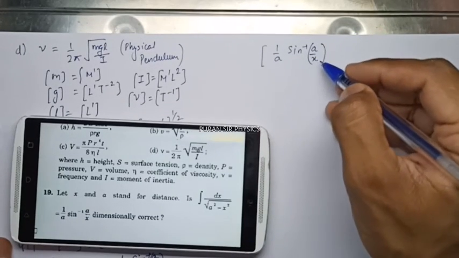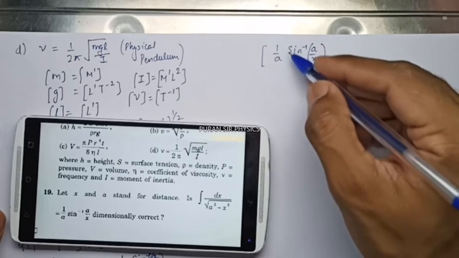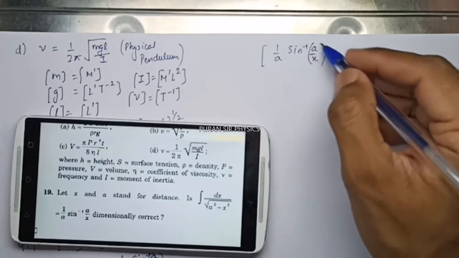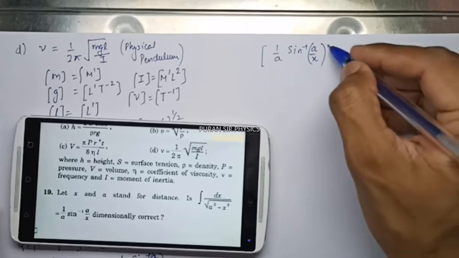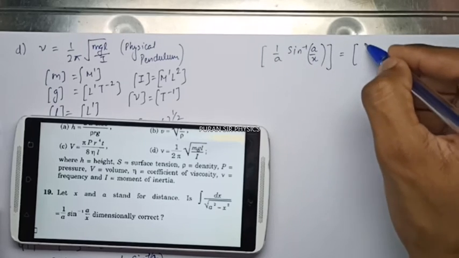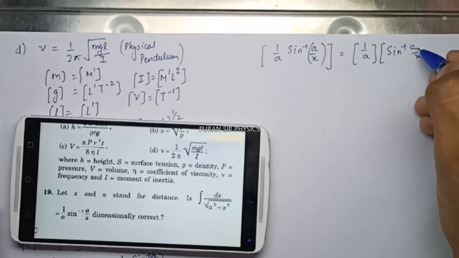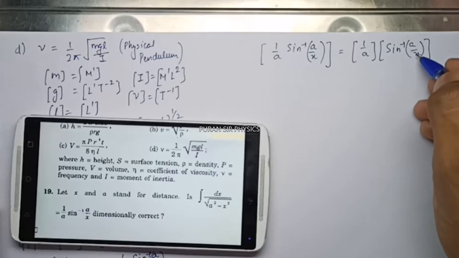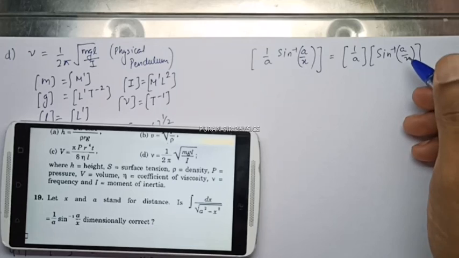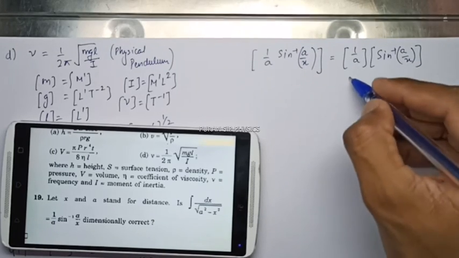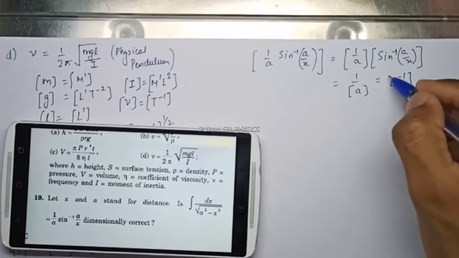Okay, since a by x, this thing is your angle in radian, so the angle is a dimensionless quantity, so we can say it will be the dimension of 1 by a into dimension of sine inverse a by x. Okay, a by x is dimensionless, this entire thing is dimensionless because it is an angle and the angle is dimensionless. So what we have is only this, so it has a dimension of l raised to power minus 1.